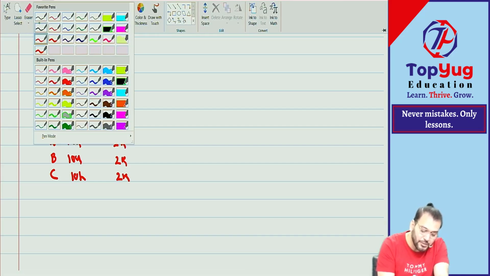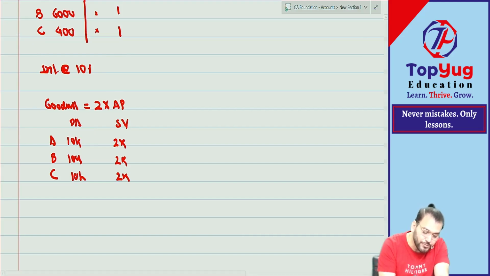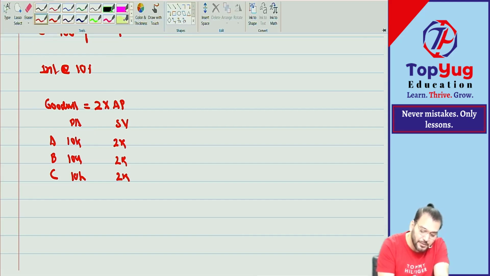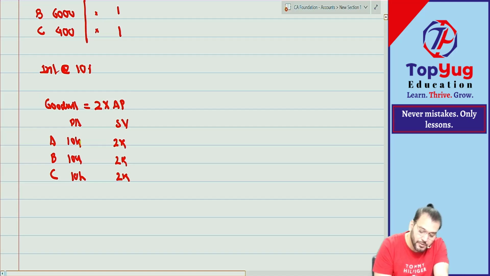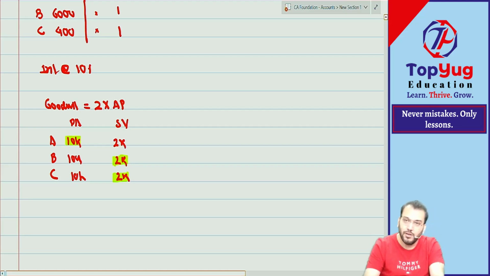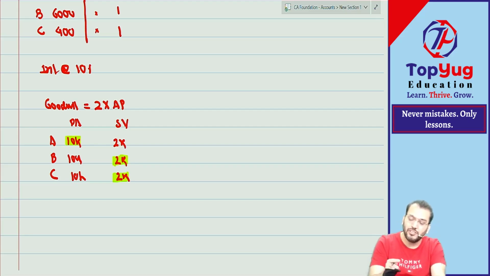A died. So for A we will take which amount, 10,000 or 2,000? And for B and C we will take which amount? 2,000.